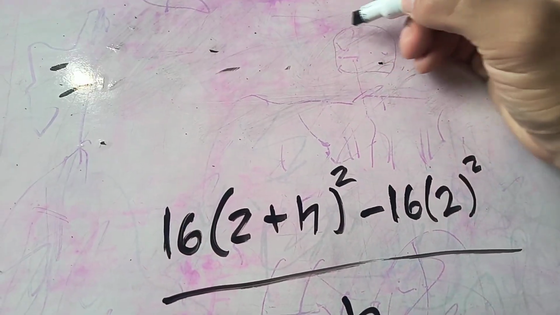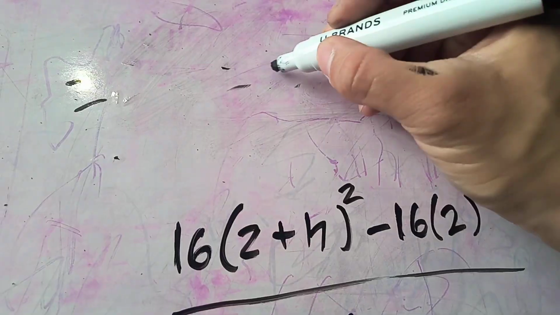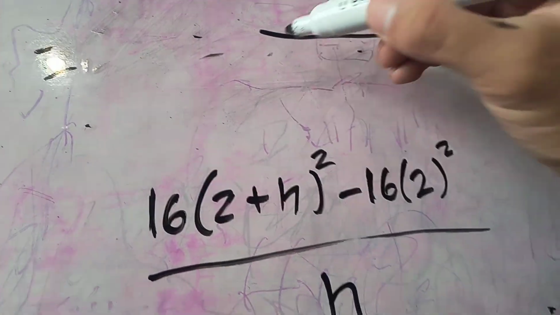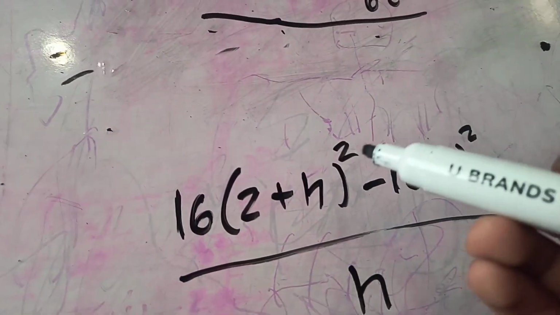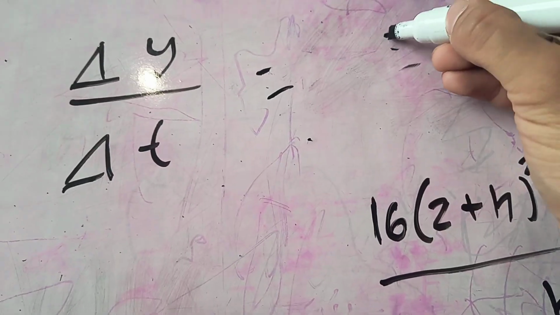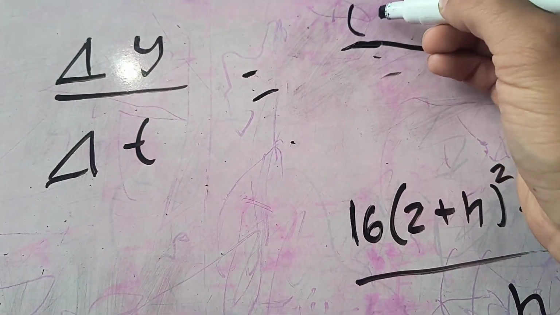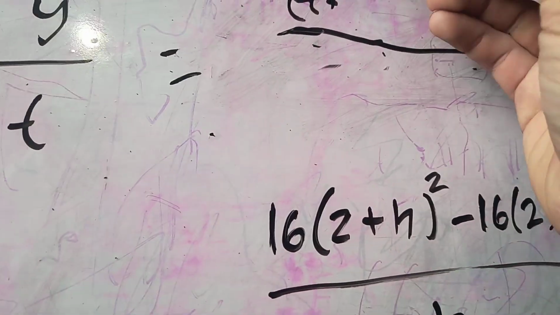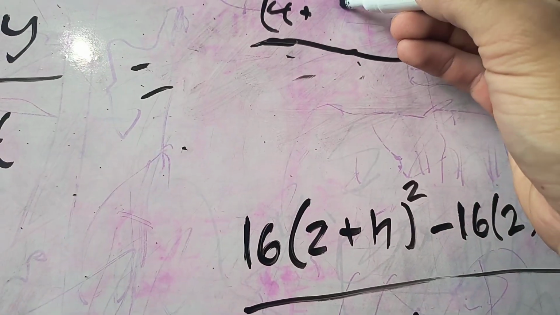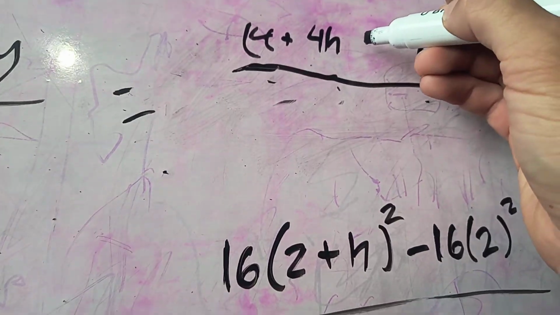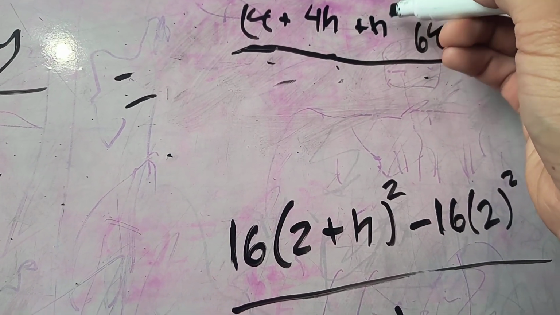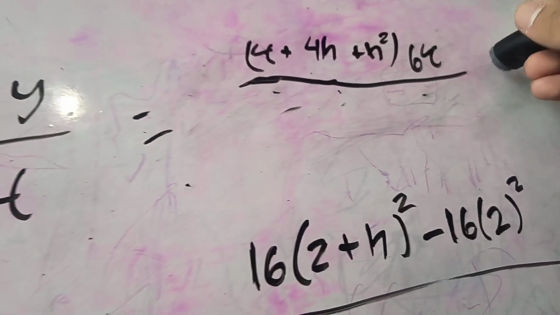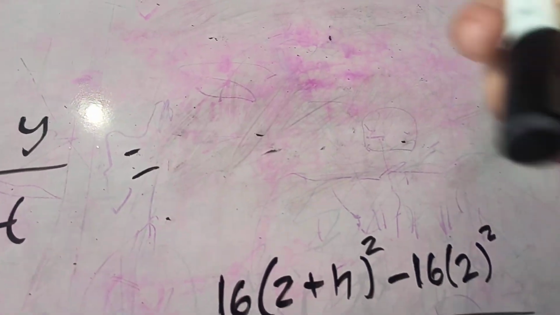This would become 4 plus 4h plus h squared. Wait, give me a second.